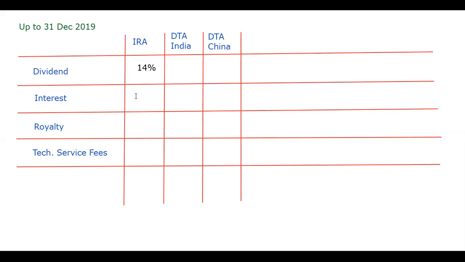Then interest, the Inland Revenue Act says 5%. Then royalty, what is the applicable rate? 14%.